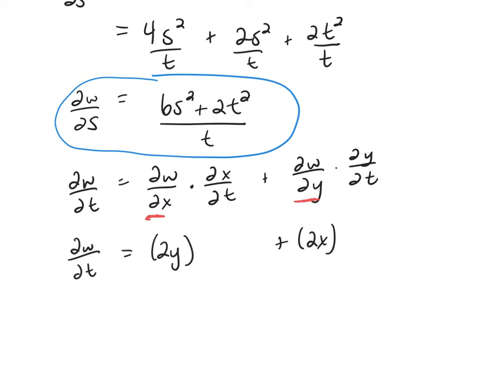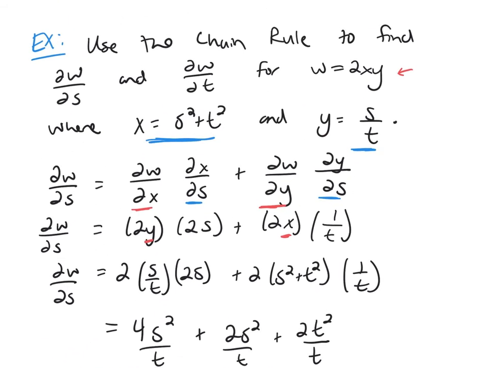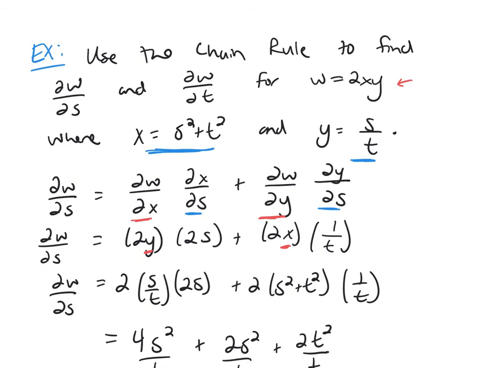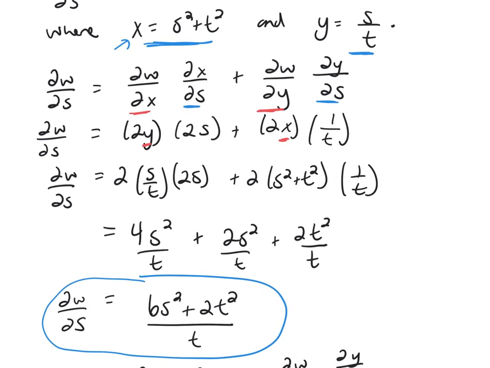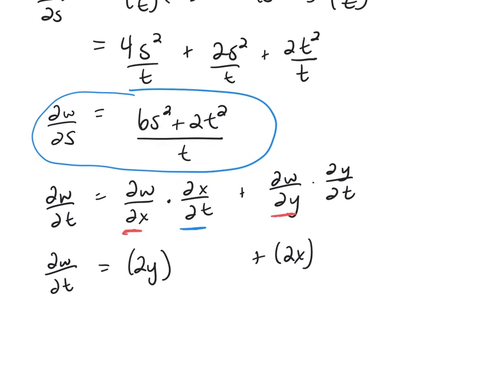So go back to your x equation now, and take the derivative with respect to t. You'll get 2t. That's what goes here.